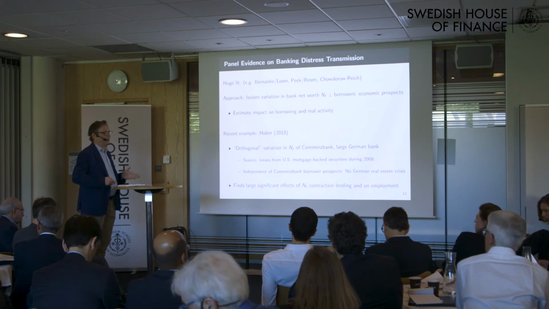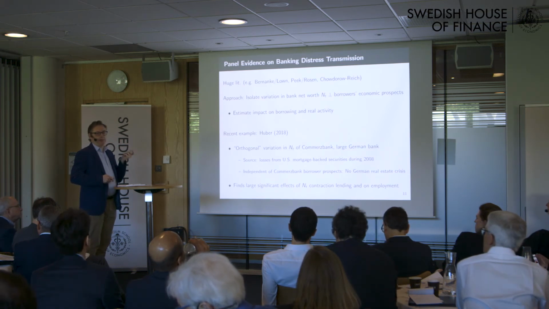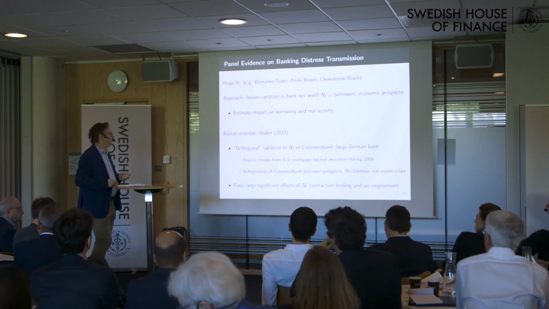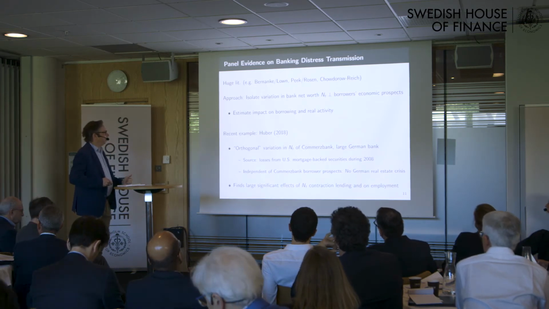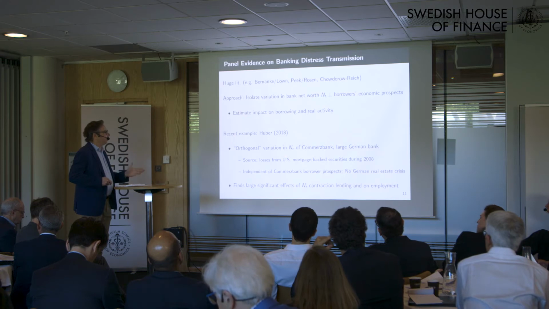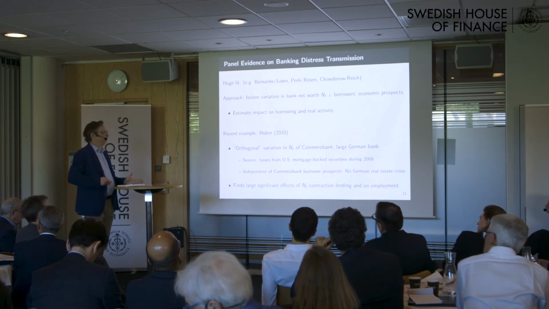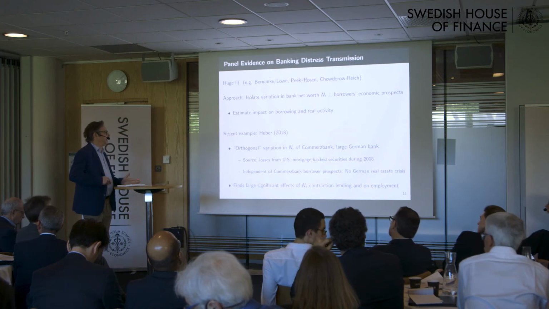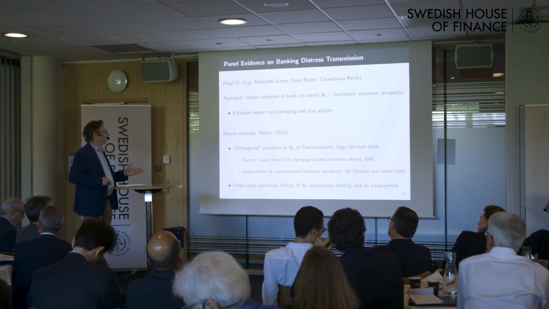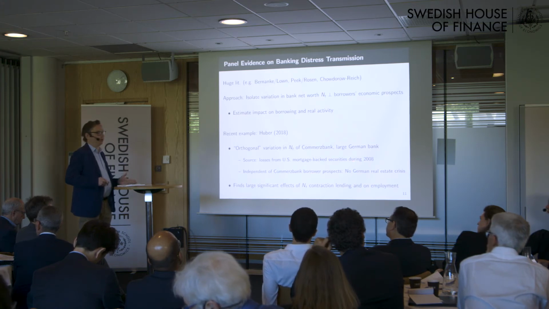And a recent example, I think that's pretty nice, is by Kilian Huber, who's an LSE student. And he looked at the German bank Commerzbank, a large German bank, that was exposed to the risk of U.S. mortgage securities. And he gets orthogonal variation in net worth from losses in U.S. mortgage-backed securities during 2008, and he makes a convincing case that this loss in MBS was independent of Commerzbank borrower prospects. There was no German real estate crisis.